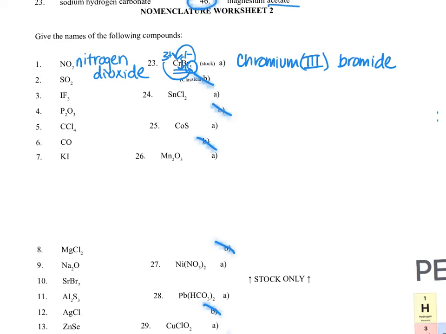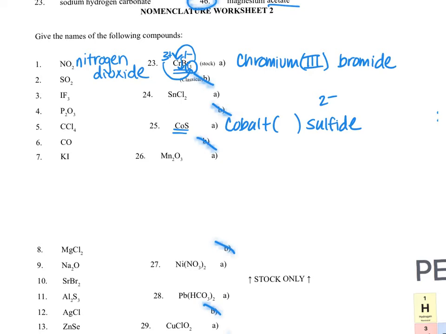Let's do 25 also, because this one is a little bit nuanced. CO stands for cobalt. Again, I'm going to just leave the parentheses blank in between. And then S stands for sulfur. I drop the ending and I put sulfide. Sulfur, if you look on the periodic table, is a 2- charge.